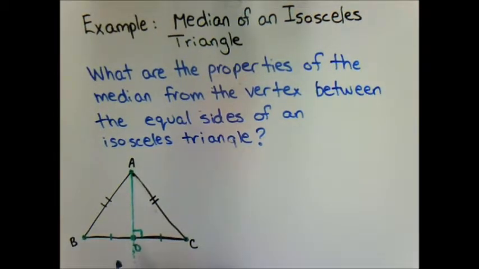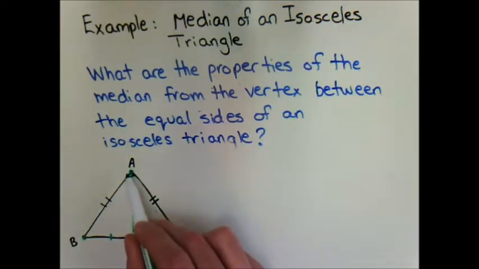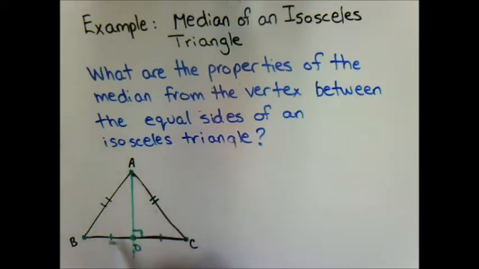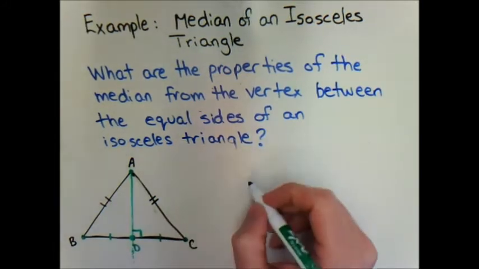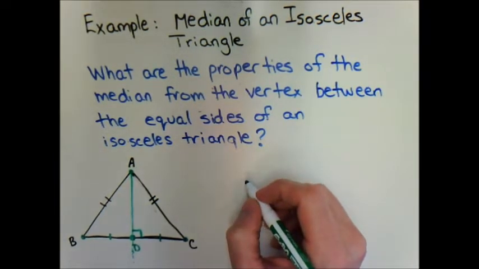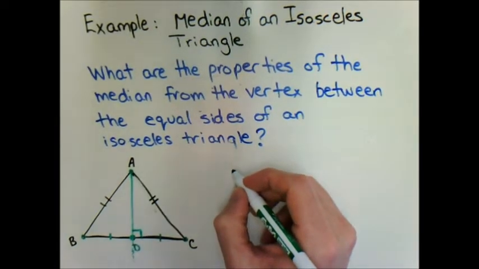So we didn't know that the median was going to be a right bisector before we started, but because we know BA equals CA, making A equidistant from B and C, and the point D is equidistant from C and B, then we know AD is indeed a right bisector, which means it is perpendicular to BC.